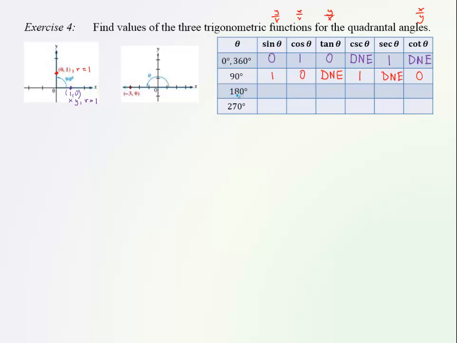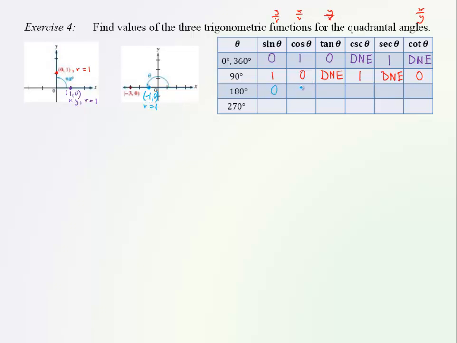Okay, to see the angle 180, we can pick a point on the negative part of x-axis, for example, negative 1, 0, and r will be 1 as well. We can pick any point, for example, negative 3, 0, and r is 3, but that's just easier. So sine of 180 would be y over r, which is 0.